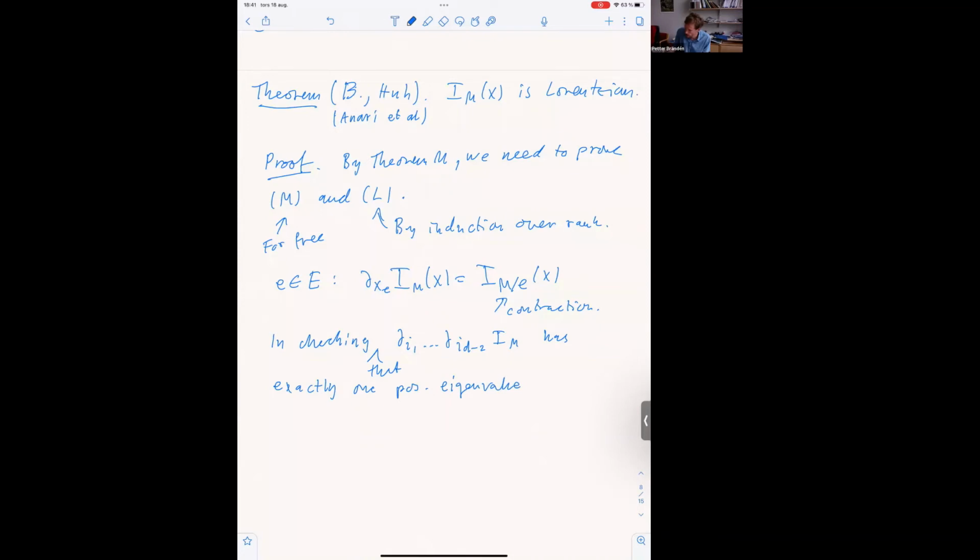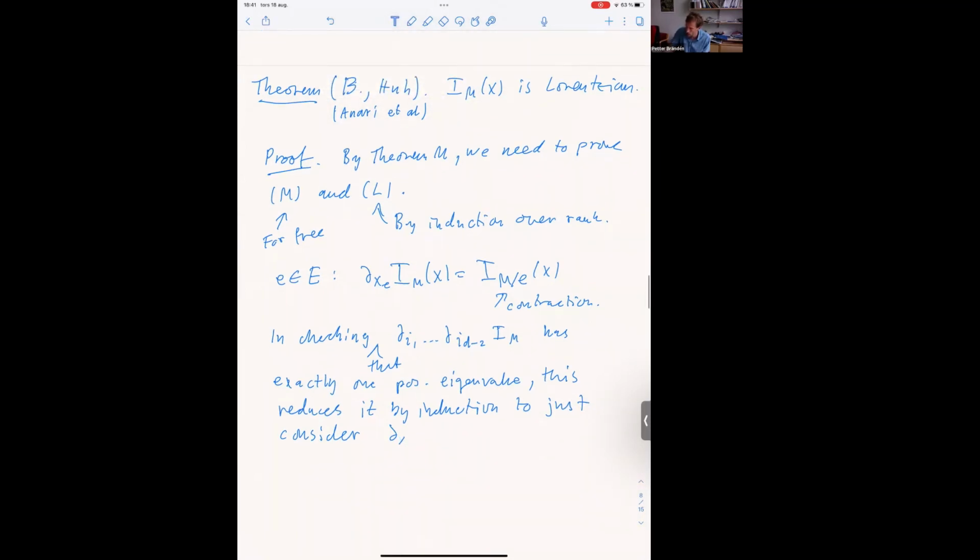Well, this observation reduces it by induction to just considering x naught, this dummy variable, because for the other variables we have this, that is equal to the contraction.